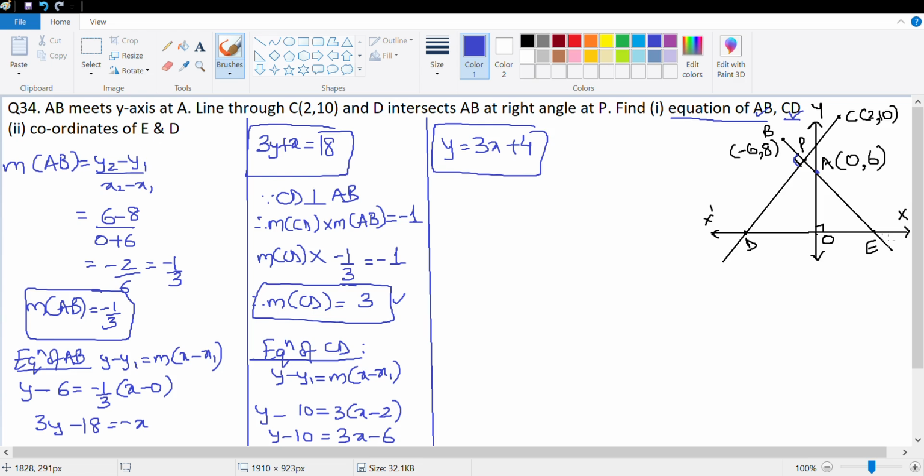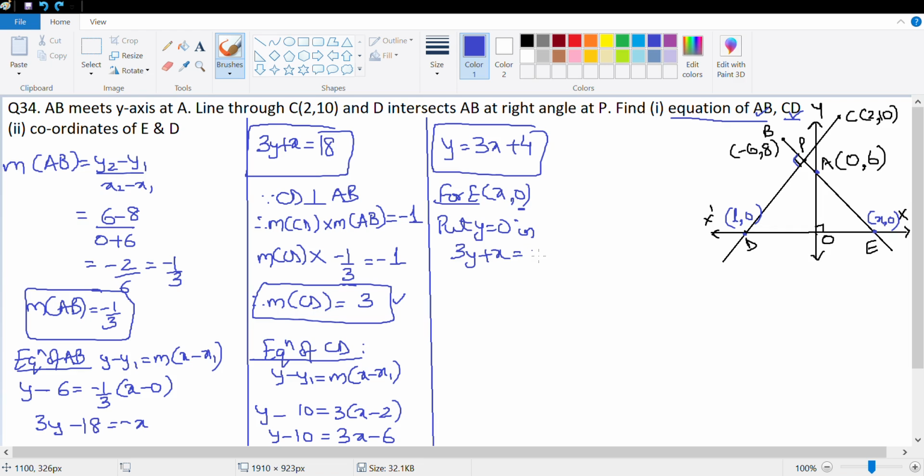Now let's look at finding the coordinates of E and D. Since E lies on the x-axis, let the coordinate be (x, 0). Again, since D lies on the x-axis, let the coordinate be, let's say, (L, 0). So for E, (x, 0) lies on the line AB, so put y equal to 0 in the equation of AB, which is 3y plus x is equal to 18.